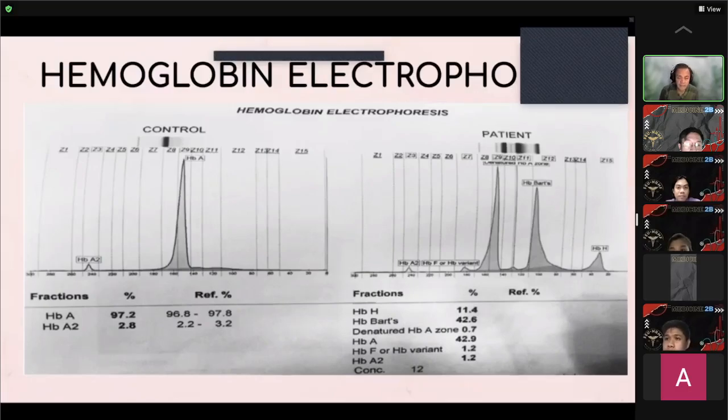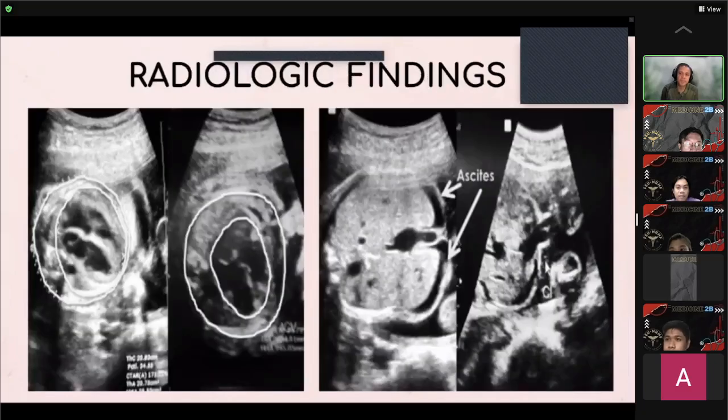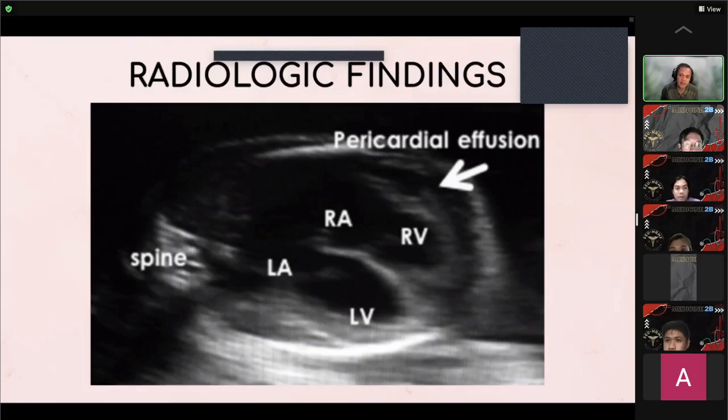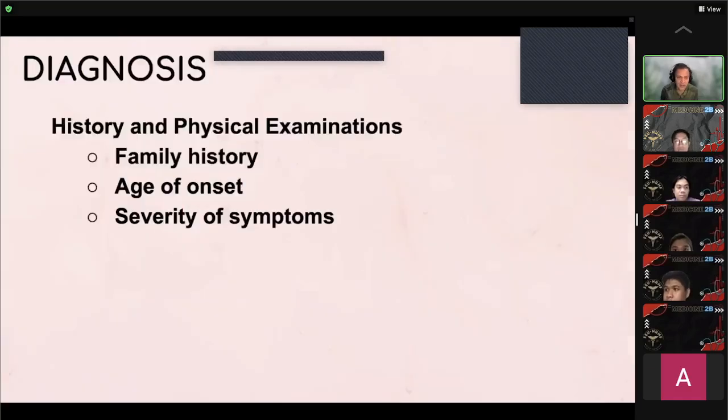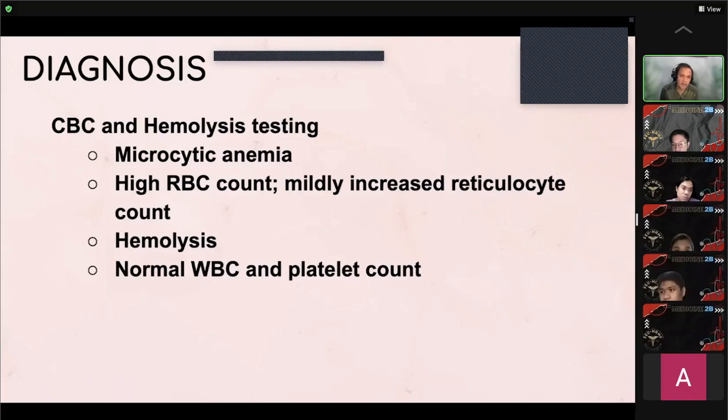Next slide nga. Sige, next slide. Sige, wala na radiologic na, wala kasing gaanong. Ayun, diagnosis. Ano ba yung diagnosis na nilagay ninyo? Wag na yun. Sige, next pa. Next. Baka may tanong pa tayo. High RBC count, hemolysis. Sige, next.